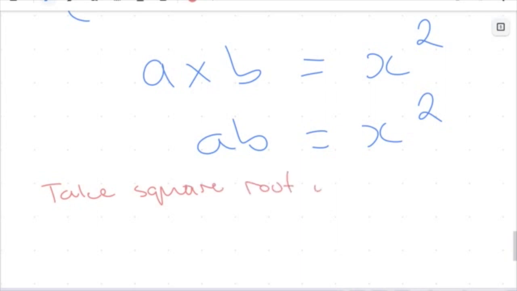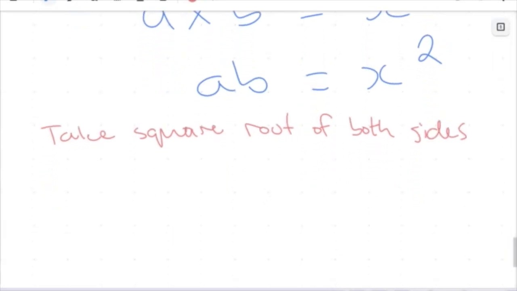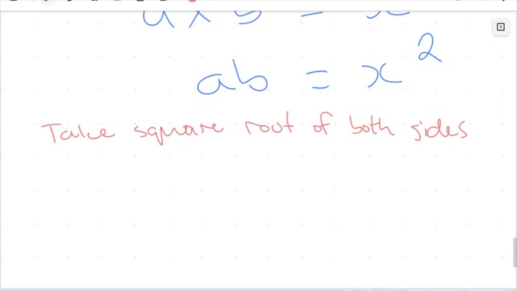square root of both sides, and if I take the square root of x squared, well, we have the same principle. It's going to undo the squaring, and we're going to get left with that number. And if I square root ab, I'm going to get root ab.